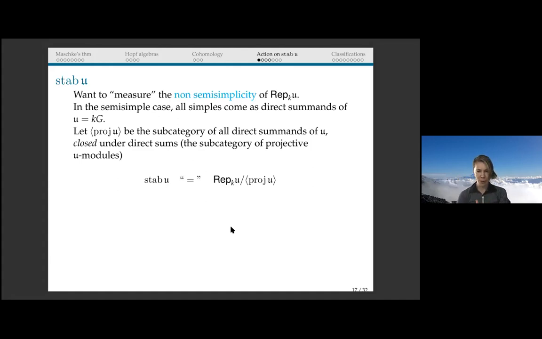This is slightly informal because it's not clear what I mean by modding out, but let's take this informal definition. I'll give the formal definition in a minute. And the result is the stable category of U. So we sort of stabilized our representation category this way. And of course, it relates to topological notions and constructions, to stable homotopy theory. This is where the name comes from.